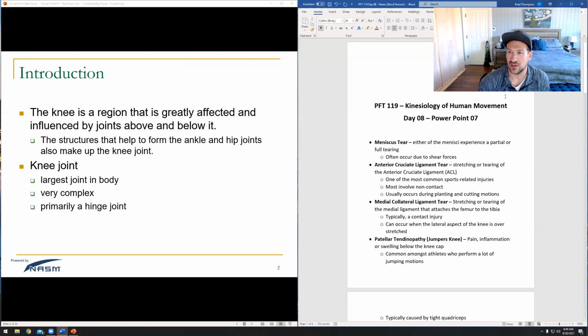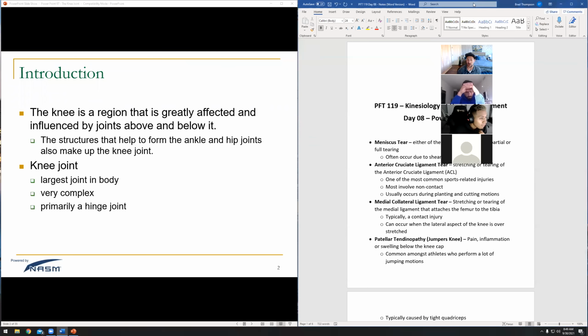A lot of times you can think the ball and socket joints, like your hips or your shoulders, end up being pretty large, but your knee is a really big one, and it's very complex. Because of how large it is, it does have some other materials in it that we don't see in all of our joints. It's very complex in comparison just because of the extra little pieces here and there.